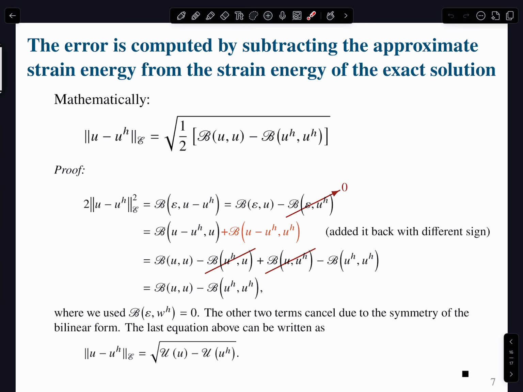And of course, in finite element solutions, we know that the displacements are more accurate than the strains or the stresses, than the derivatives of the field. So computing errors with respect to high order derivatives is going to be more strict than computing the error, for instance, with respect to the exact displacement field.